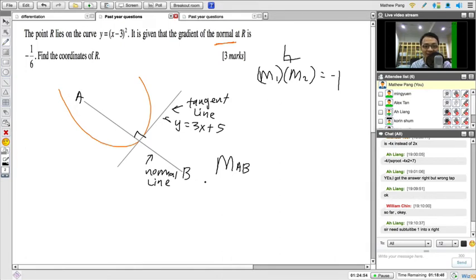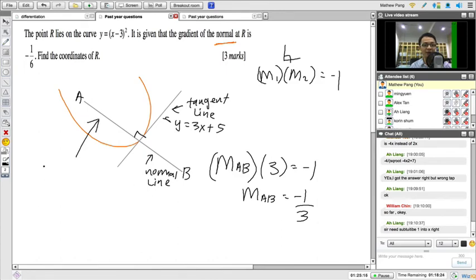So I can get the gradient of normal easily by gradient of AB multiplied by gradient of tangent, which is 3, equals -1. So gradient of AB will equal -1 over 3. Then the gradient for this one will be -1 over 3. This is called the gradient of normal.